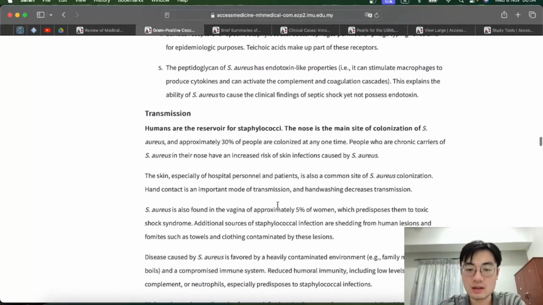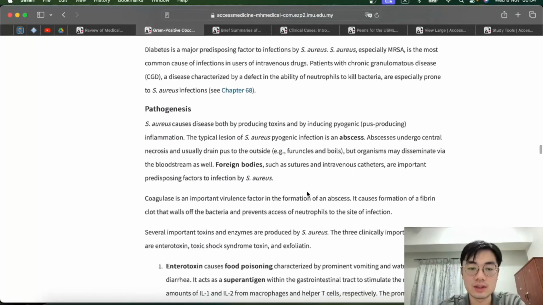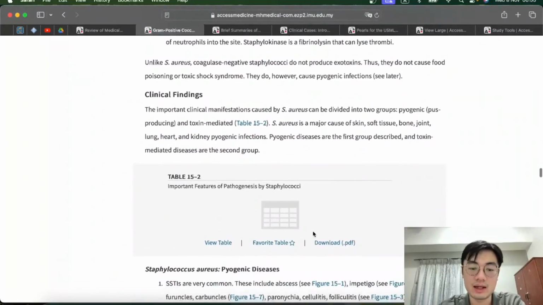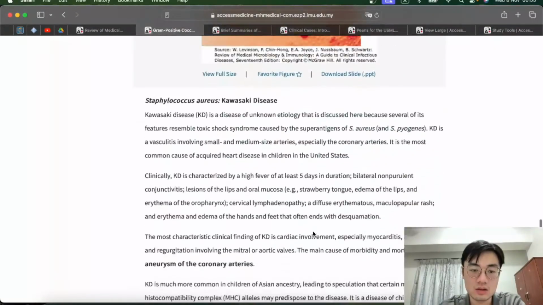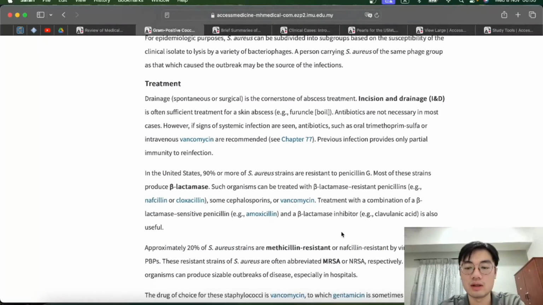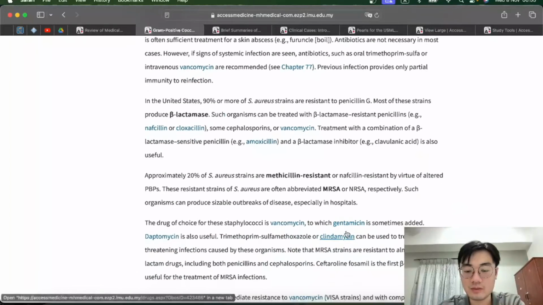This is transmission, so how the Staphylococcus actually transmits from person to person, and then how it causes disease in our body. Then the last part is on the treatment for the specific bacteria. So it's a very, very in-depth book for each particular microorganism that you can find in our body.